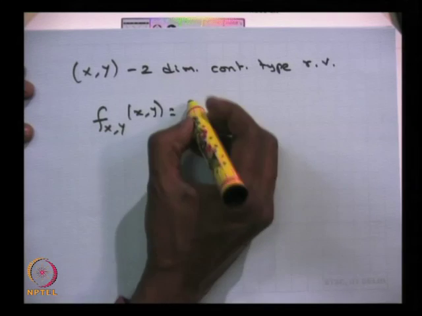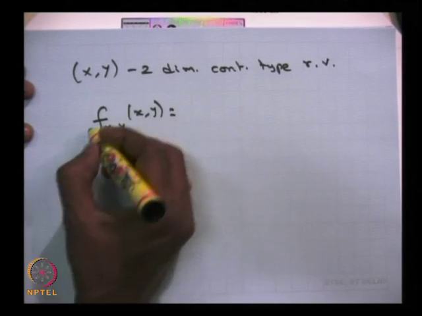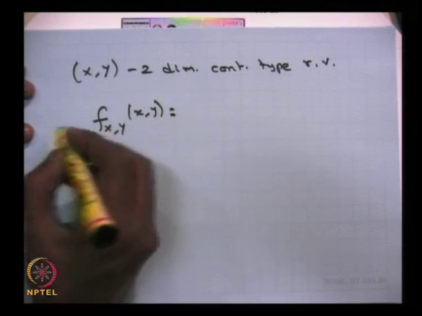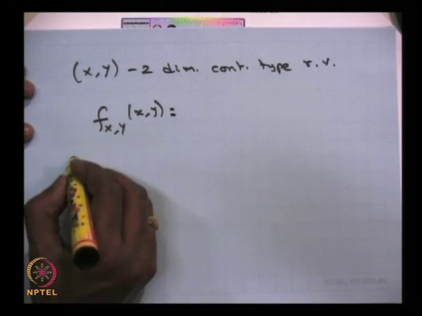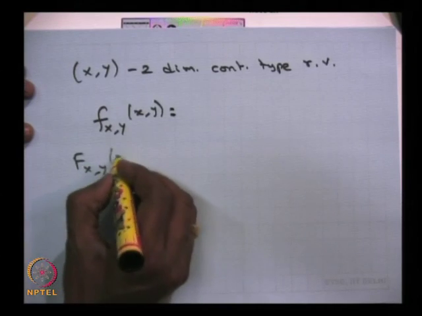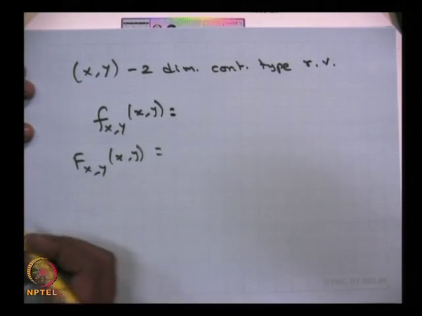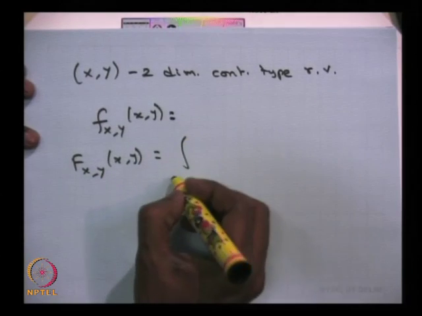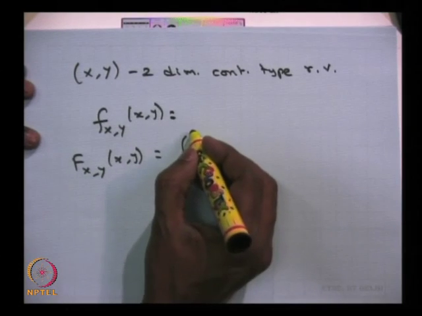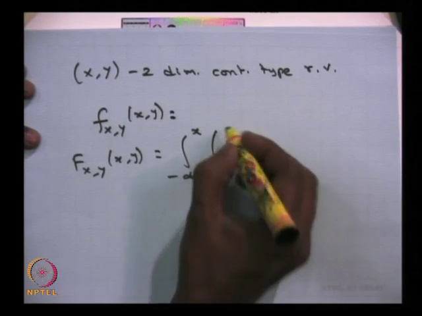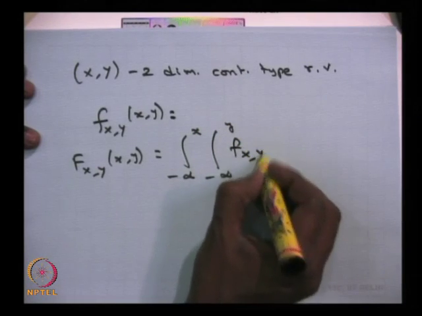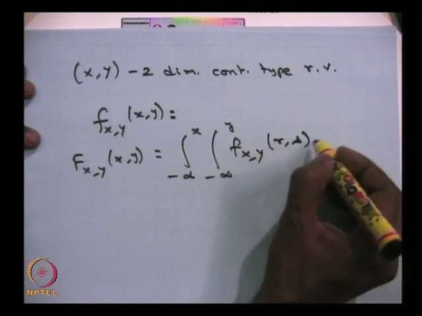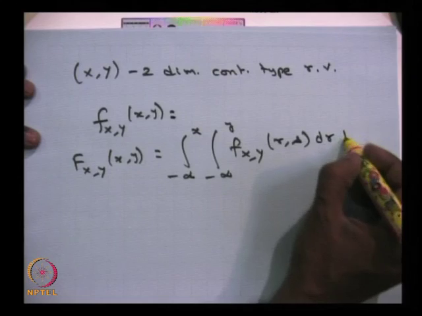You can relate this joint probability density function with the CDF: the CDF is nothing but the integration from minus infinity to x and the integration from minus infinity to y of the integrand f of r comma s, where dr is with respect to x, and this is ds.